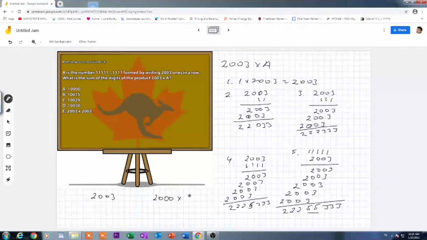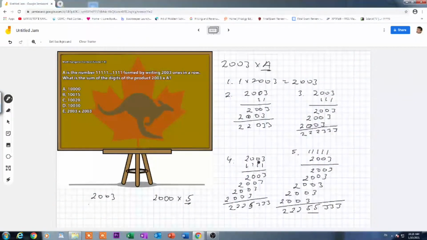So if we multiply by the number A, formed by writing 2003 ones in a row, right? So if we multiply this number by 2003, we'll get 2000 fives, digit of 5 in the middle.